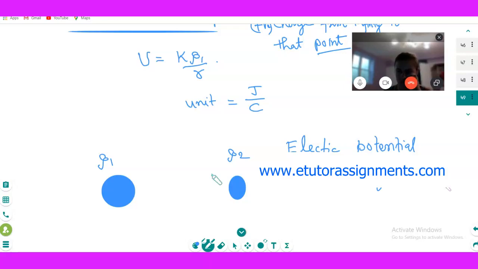Now they are having some energy. If we leave these two charges, they will again go to infinity. Why? Because Q1 is positive, it will repel and send this charge back to infinity. Is it clear?